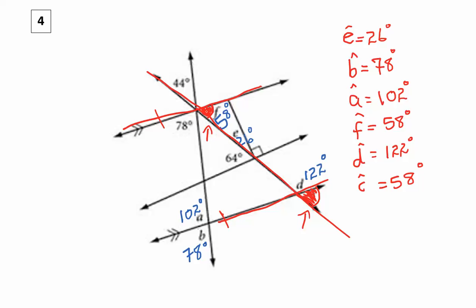So if that angle is 58, then this angle here, C, should also be 58 degrees. It's 58 degrees. And there you have it.